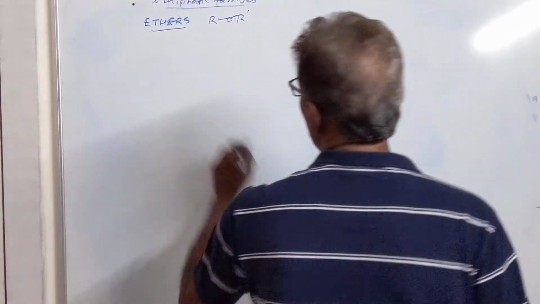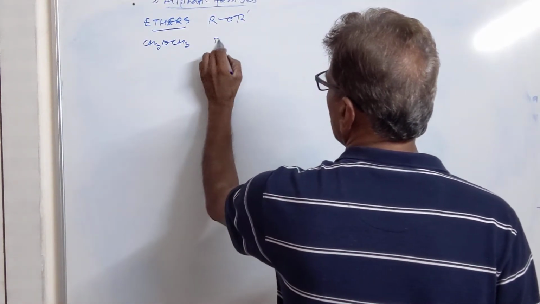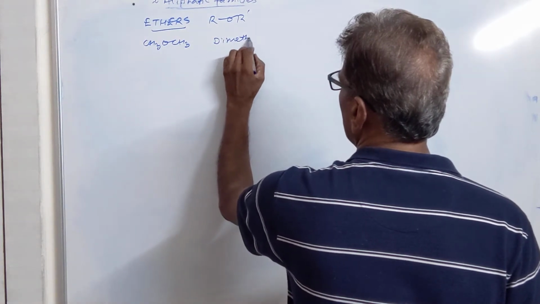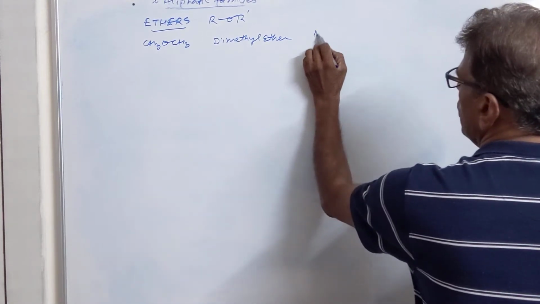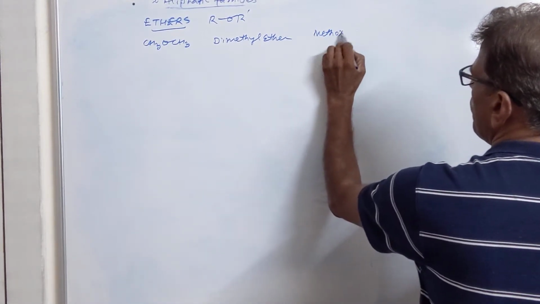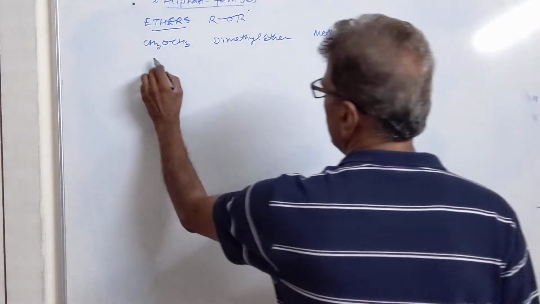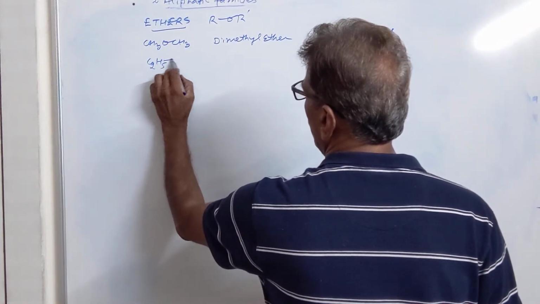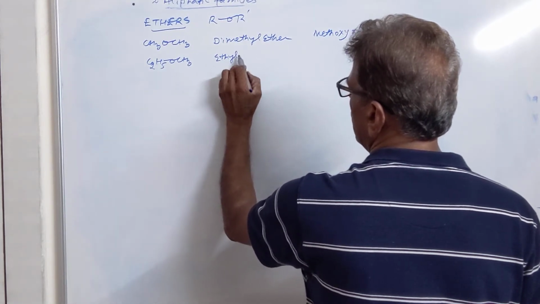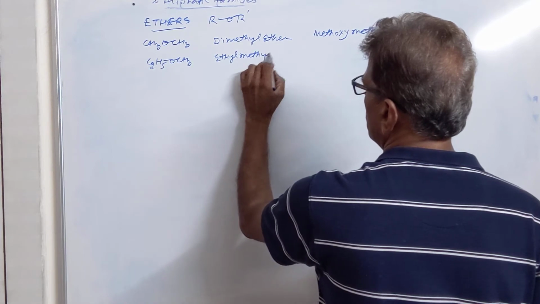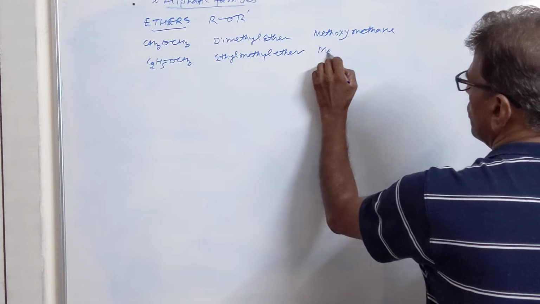Then we come to the first member CH3OCH3. This is called as dimethyl ether. IUPAC name will be methoxymethane. Then we have C2H5OCH3. This is ethyl methyl ether, or this is called as methoxyethane.